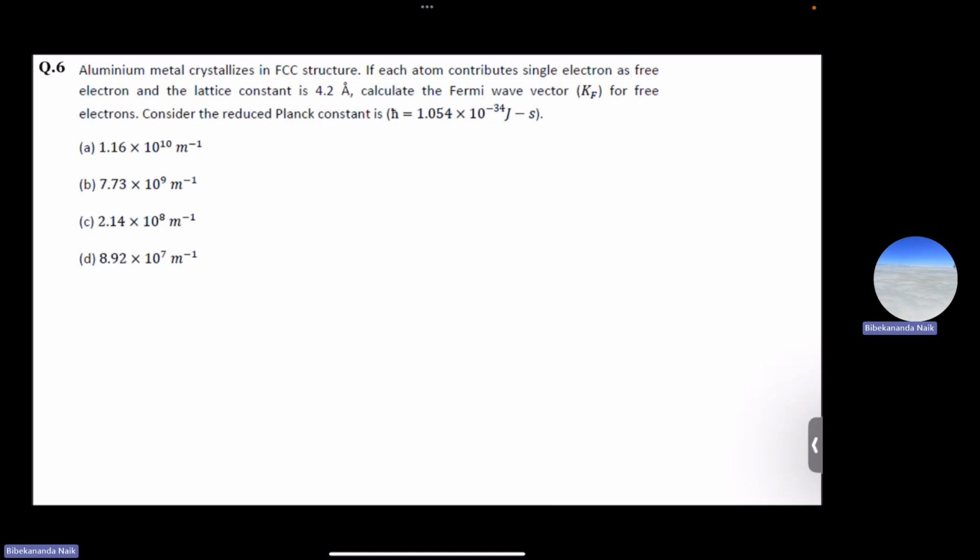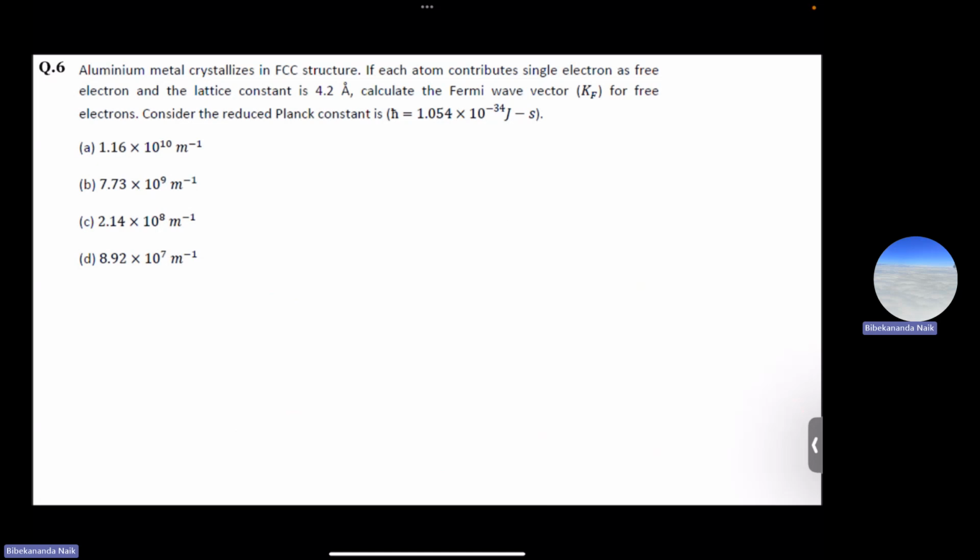Consider the reduced Planck's constant h cross equals 1.054 into 10 to the power minus 34 joule second. Options are: option A, 1.16 into 10 to the power 10 per meter. Option B, 7.73 into 10 to the power 9 per meter. Option C, 2.14 into 10 to the power 8 meter inverse, and option D, 8.92 into 10 to the power 7 meter inverse.